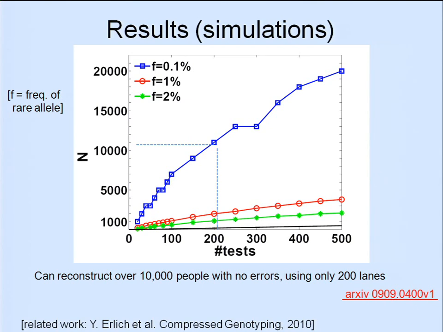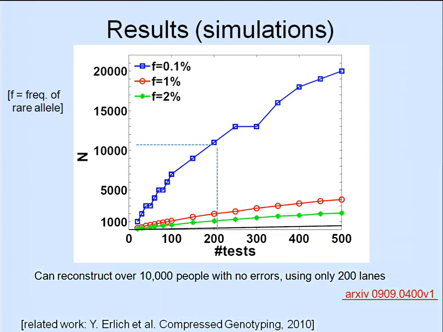So here's the number of pools you do per lane. Here's the population size. So how many individuals can we track in this lane? In most of our performance, the constraints are very restrictive. It requires an assumption that sequencing machines have errors.